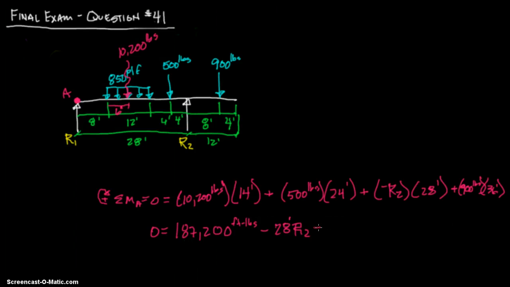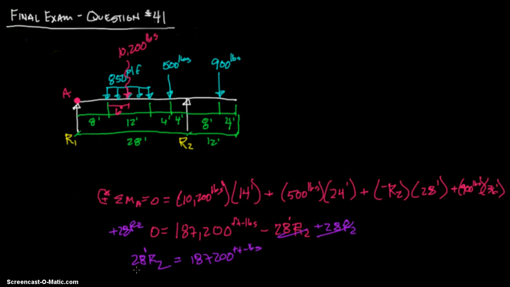Then to get rid of that, let's change colors here. You add a positive 28 R2. Remember, that's 28 foot still. And we have to do the same thing to this side, plus 28 R2. And then you get 28 R2. These obviously cancel out. Equals 187,200 foot-pounds.